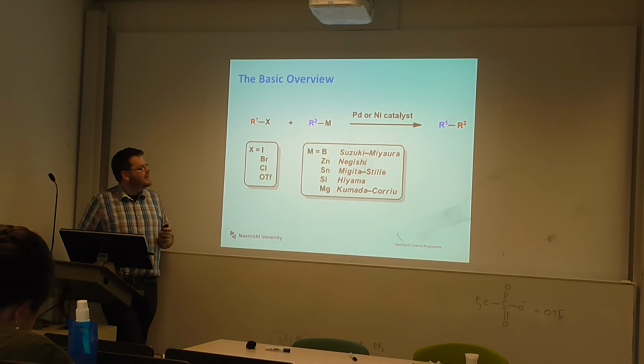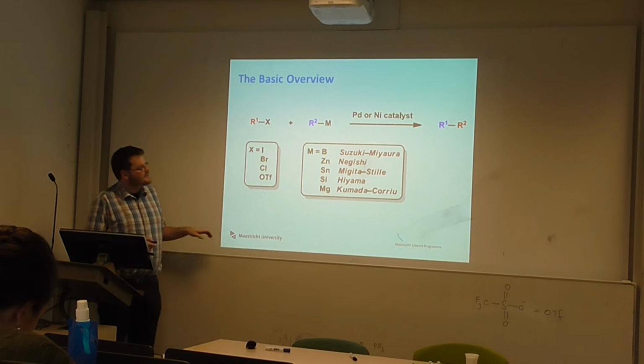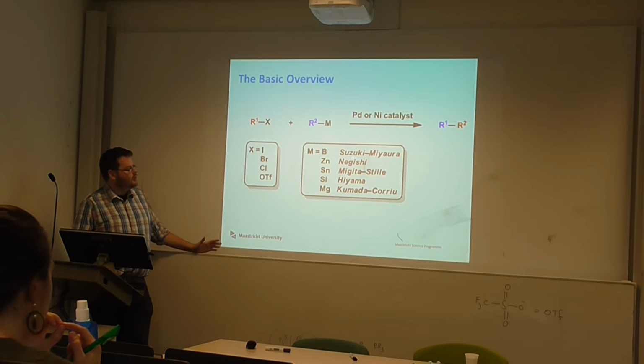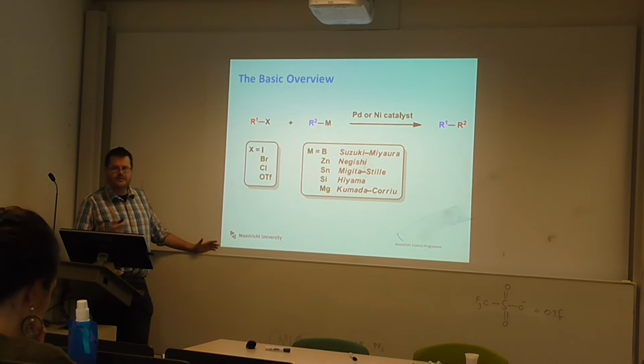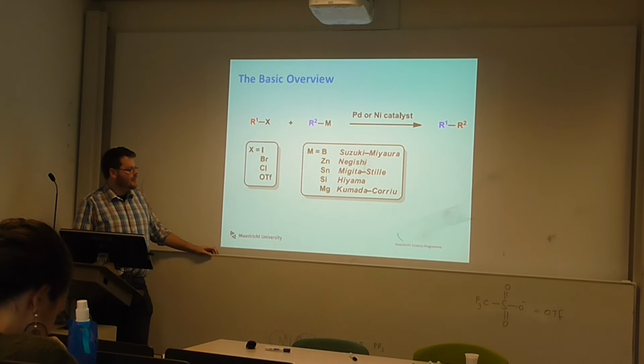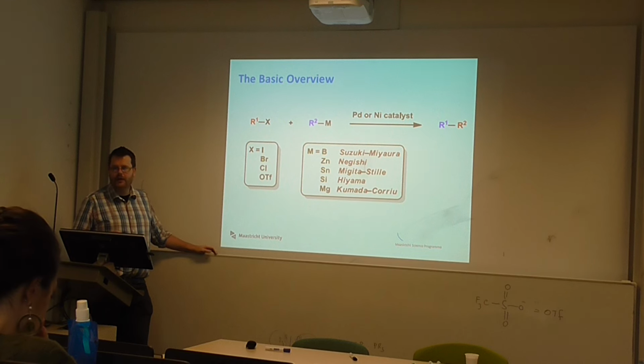And depending on what M is, if it's a boral, if it's some sort of a boron-containing group, it would be a Suzuki coupling. If it's a zinc transfer reagent, Negishi. Tin would be a so-called Stille, Migita-Stille. Hiyama is with silicon, and so on. Okay?